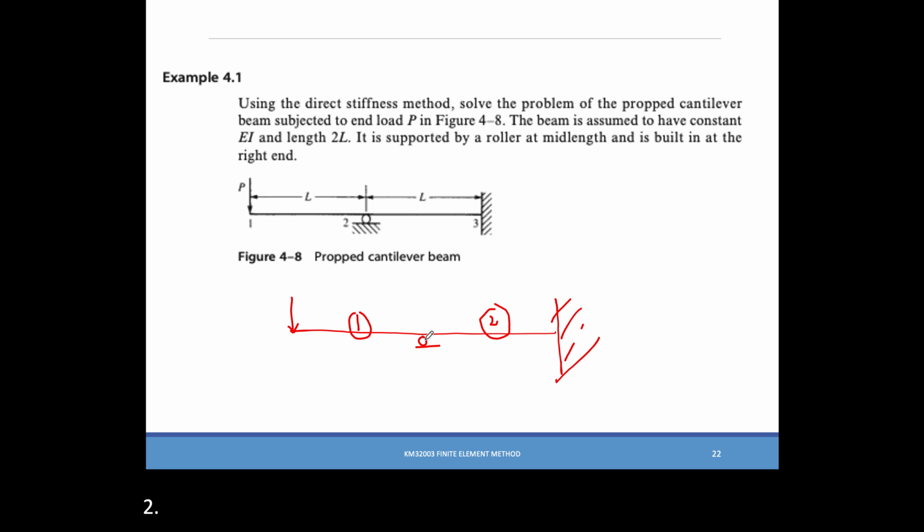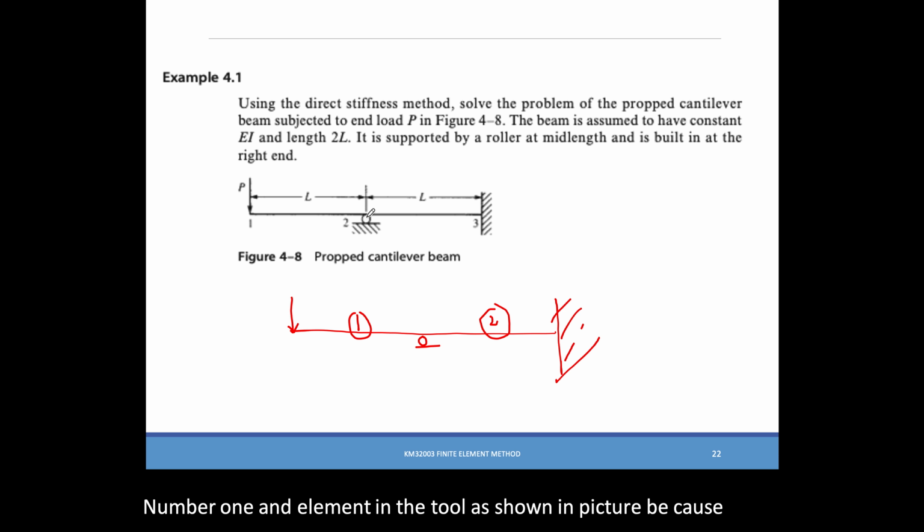Because whenever we replace the support, we will reveal the reaction force. So we will have reaction forces as well as moment, and all these loads must be acting at a single node.